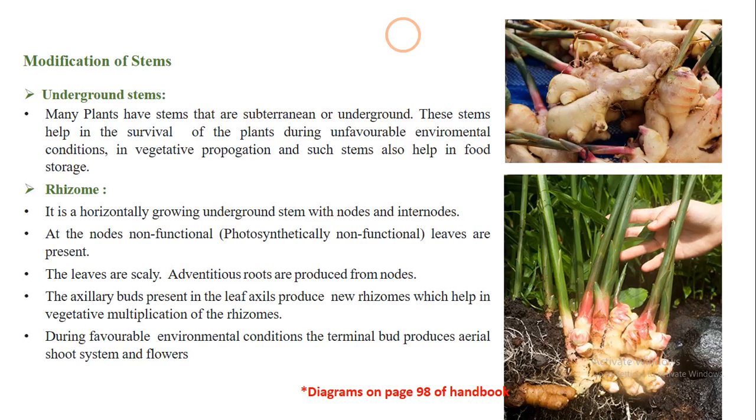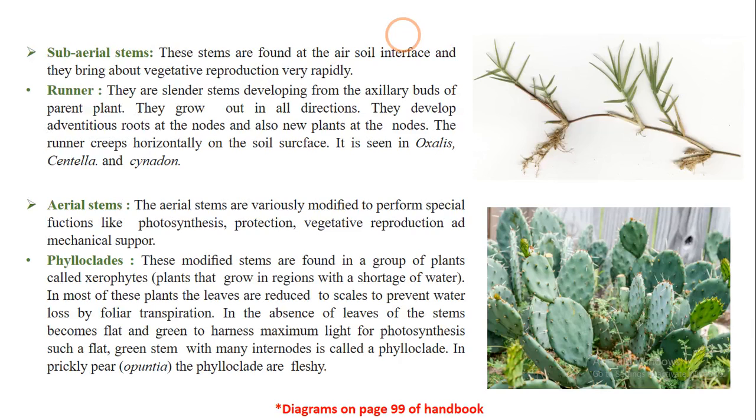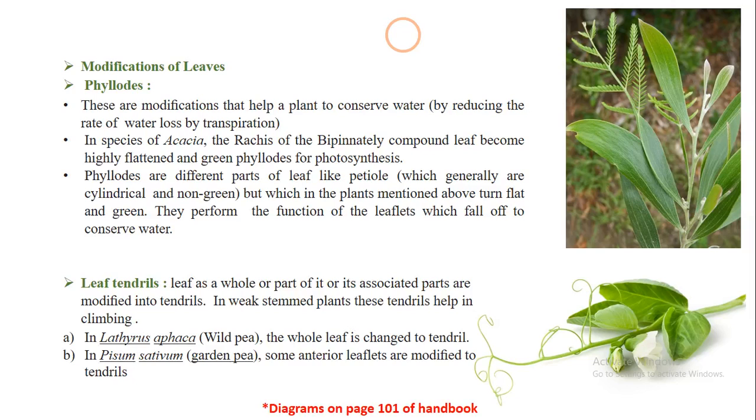Then we moved on to the modification of stem. Here we studied rhizome as an example of underground stem, runner as an example of subaerial stem, and phylloclade as an example of aerial stem. After this, we studied the modification of leaves, where we took two examples, the phyllodes and the leaf tendrils.